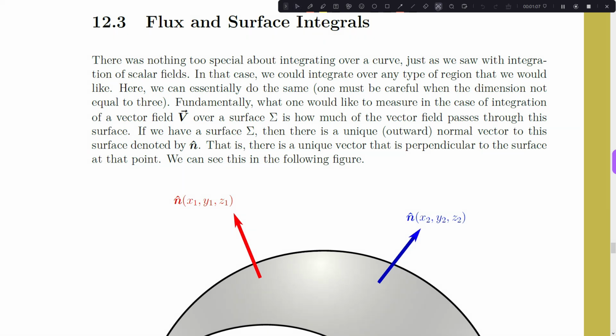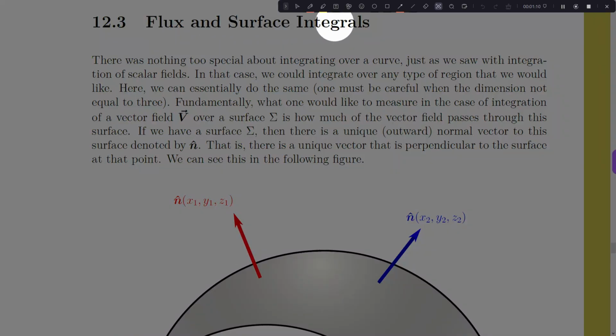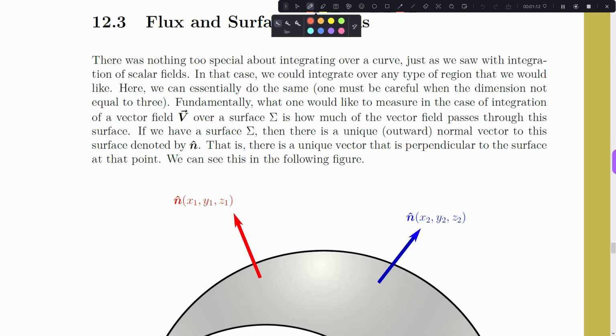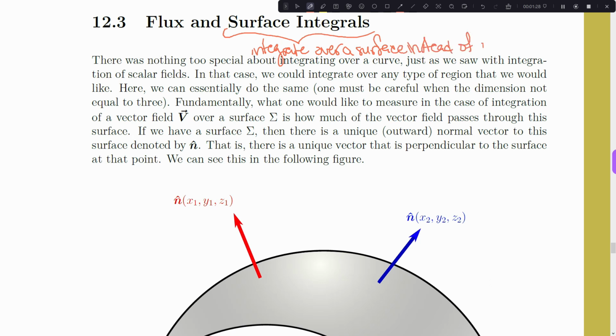And so we've got kind of two ideas going on here: flux and surface integrals. Surface integrals is just kind of a more generic term for what's happening. This means we are going to integrate over a surface instead of a curve or a 3D region, which is really like a volume.